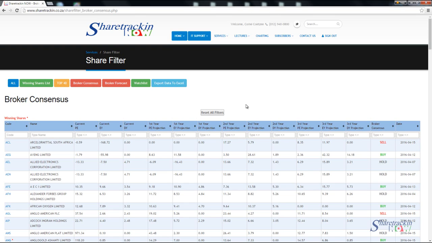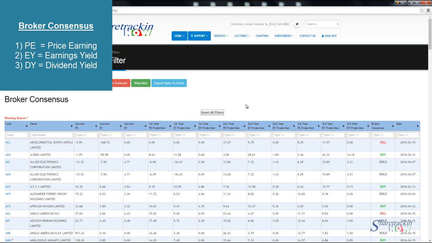So if we look at the broker consensus, as I said, there's a main difference between the broker consensus and broker forecast. On the broker consensus, we are focusing on a 3-year forecast, focusing on the price earnings yield, the earnings yield, and the dividend yield. So those are 3 important things that you need to focus on.